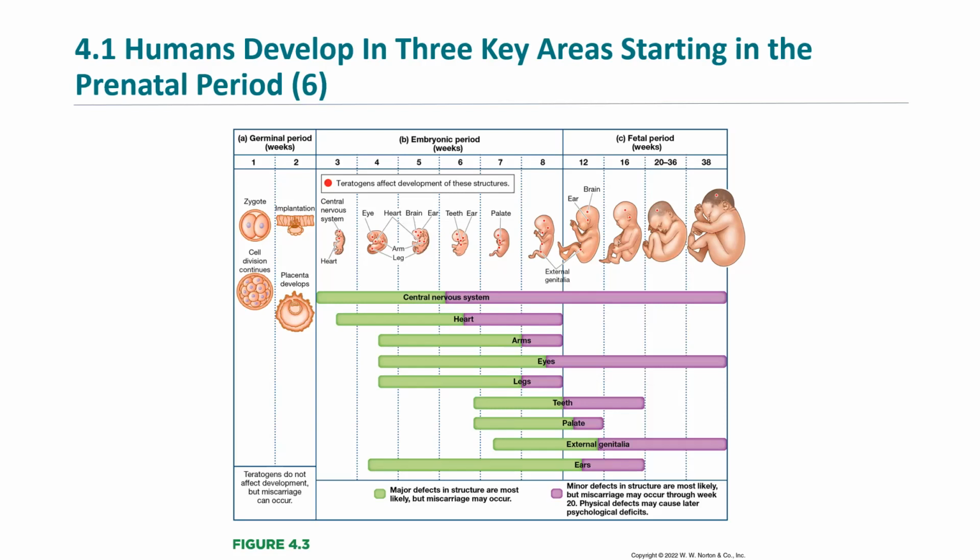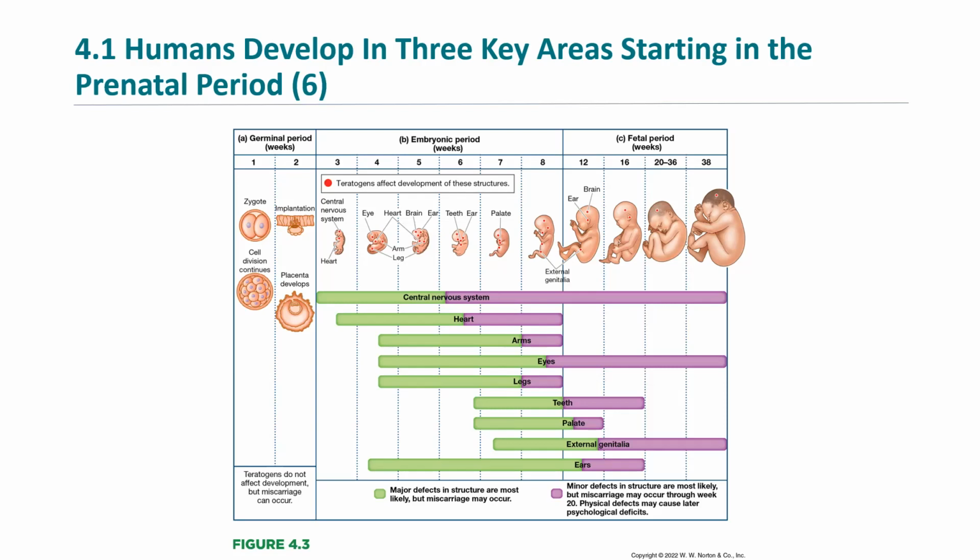If there are problems with the ears, maybe being born deaf. There might be some kind of limb malformations. There might be a hole in the heart if it's while the heart is developing. There are issues. So weeks 3 to 8, critical period. This is where most major kinds of defects occur.